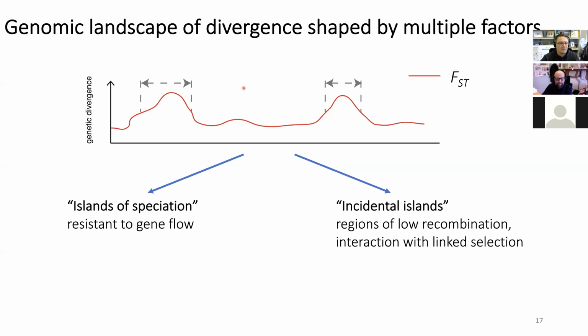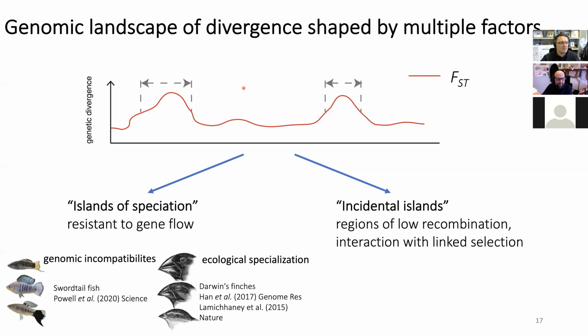And there have been a number of studies of different species that have identified parts of the genome, using this method, which do seem to code for incompatibilities between species or genes involved in ecological specialization, for example, differences in beaks.